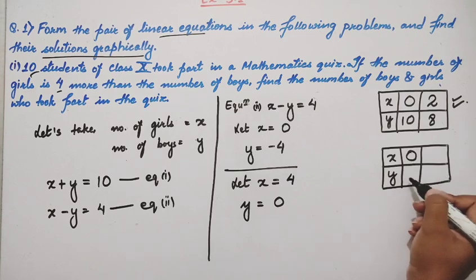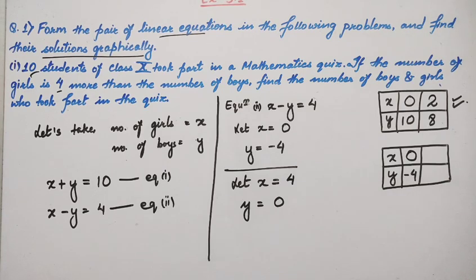So when X equals 0, Y is minus 4, and when X equals 4, Y is 0.